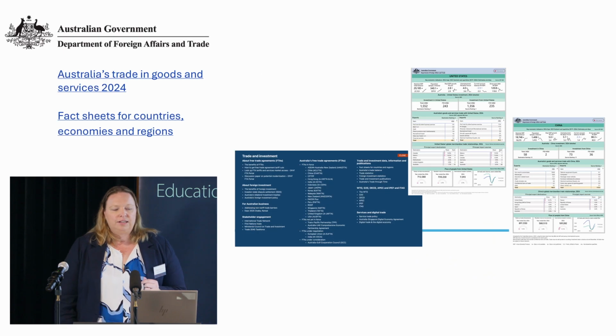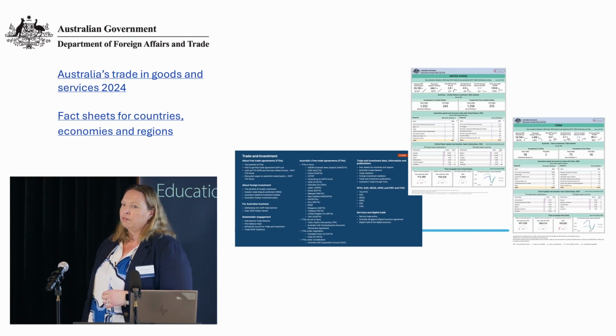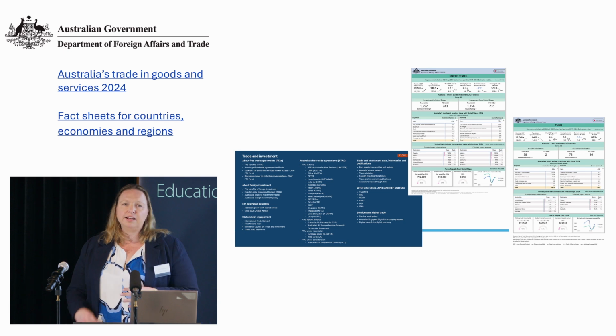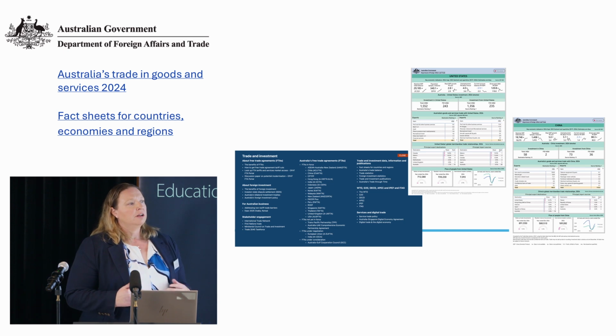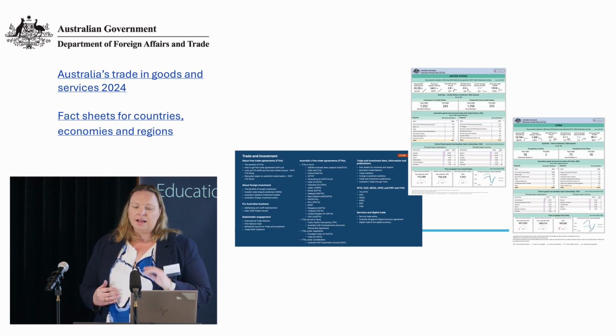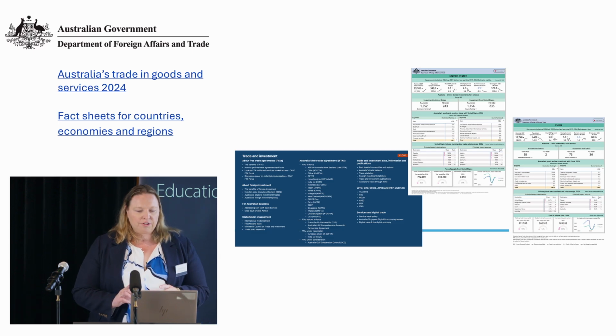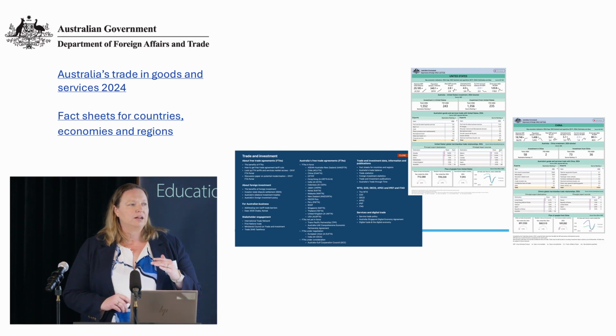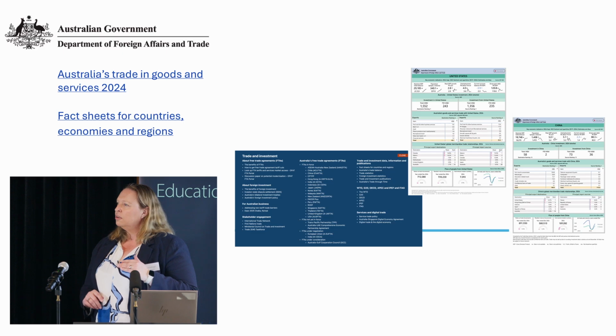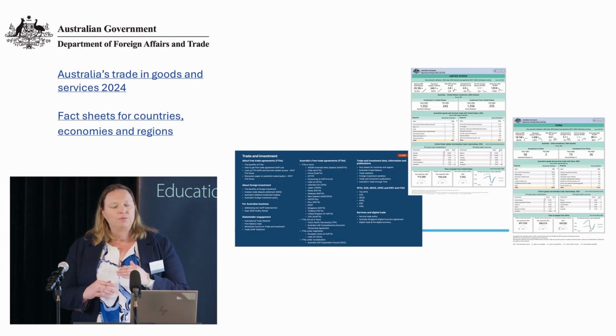Then we've got the Australian Government Department of Foreign Affairs and Trade, and they do have snapshots of different countries that we trade with and a whole lot of resources there. And this is where I've got the link to the United States and China. If you look at the actual country or where they sit in our exporting partners, it will tell you where they are.